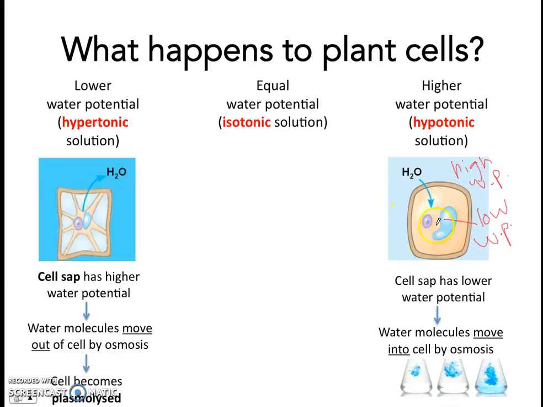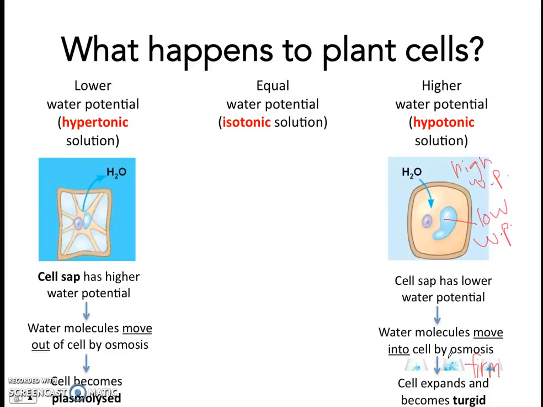And remember, for animal cells, what happened next? The animal cell would burst. But does the plant cell burst? No, it expands and becomes turgid. Turgid basically means that it is very firm and hard.